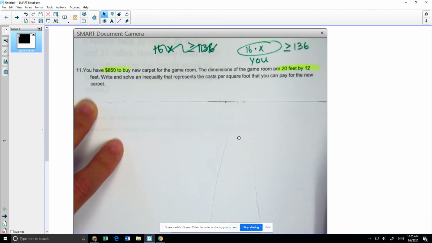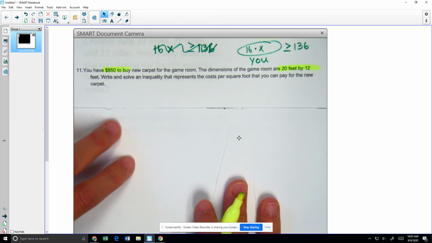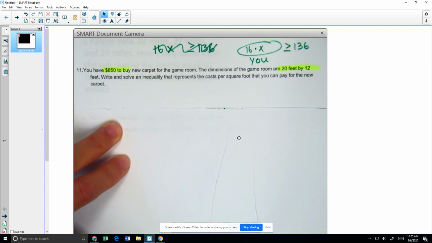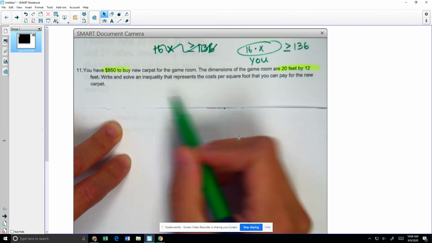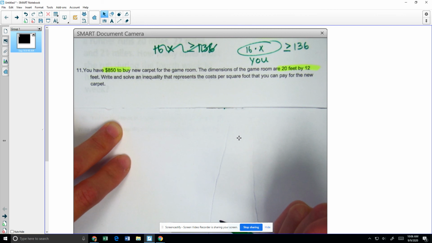This one is tricky. Does anyone know anything about this problem? Maybe not the whole inequality, but maybe what number goes on what side?